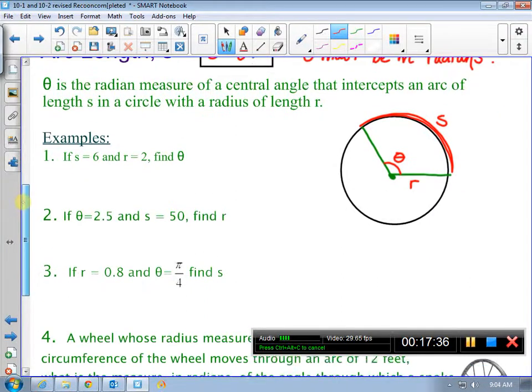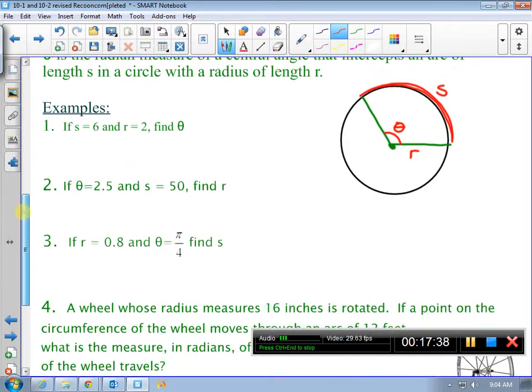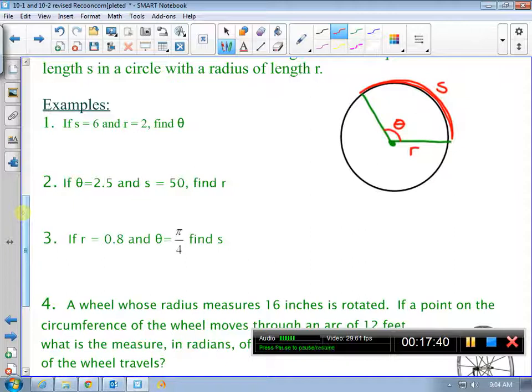So let's go through these quick little examples. Write your formula each time. It'll help you. If you see the word arc length, it's this formula. If you see S and R and theta, it's this formula. So we have 6 equals theta times 2. Looking for theta. Theta is 3.